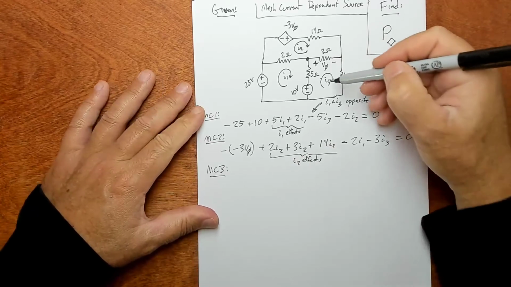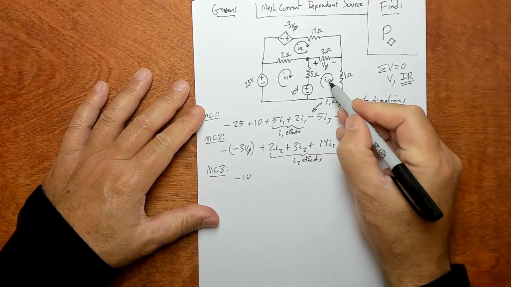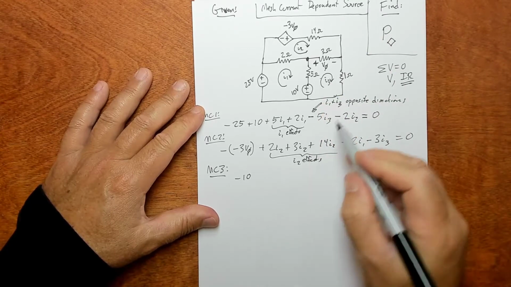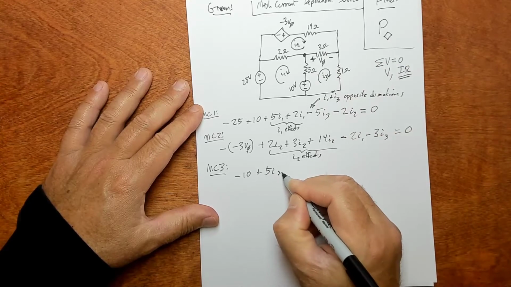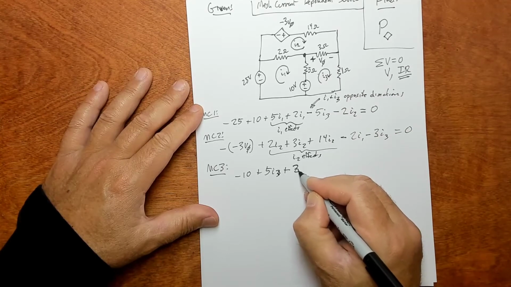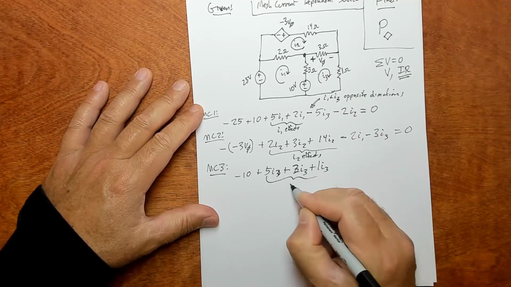Moving right along, you go around here, you do the 10. It's going to be negative 10 because this loop is coming into the negative terminal. There's the voltage. Then you do the 5, 3, and the 1. So it's 5I3 plus 3I3 plus 1I3. These are the I3 effects.